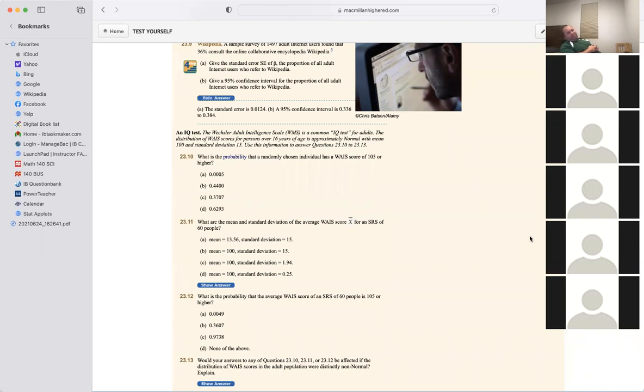Yes, we did that like a million times. Remember the whole applet that we looked at like 19 times through the semester? Where the mean stays in the same place, but the spread shrinks by a factor of 1 over the square root of n. That's our standard error formula, sigma over the square root of n. I got it. I hope so. The standard deviation is 1.94. Mean is 100. So it's C.